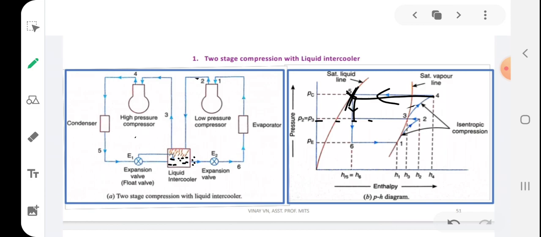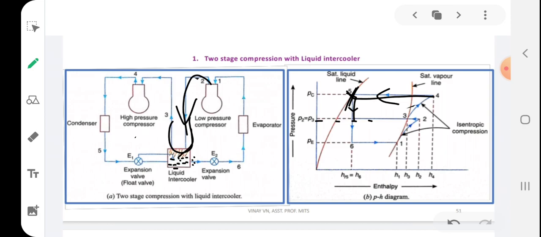Its temperature will be lower than the refrigerant coming from the low pressure compressor system. The refrigerant from the low pressure compressor comes with a very high temperature and pressure, so it will be in superheated form. This low temperature liquid will absorb heat from the superheated vapor coming from the low pressure compressor.